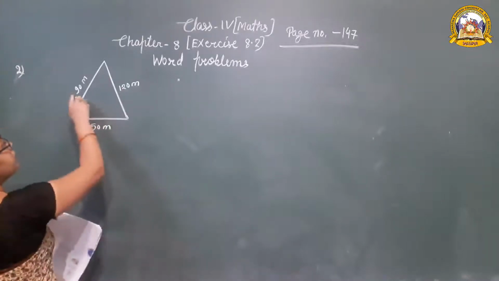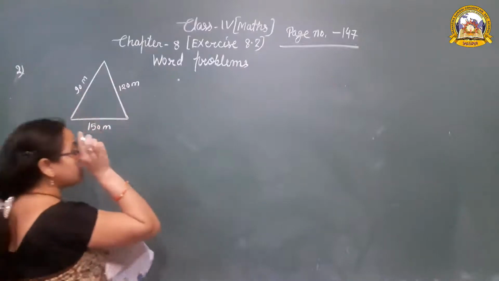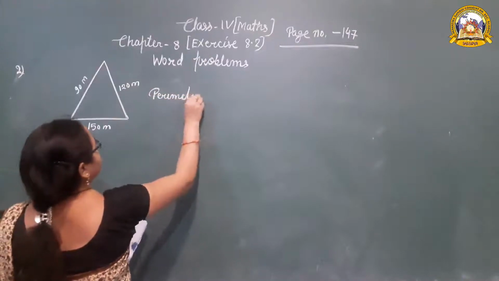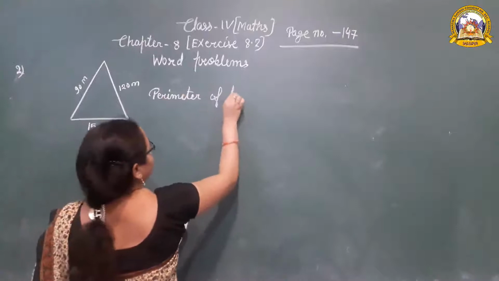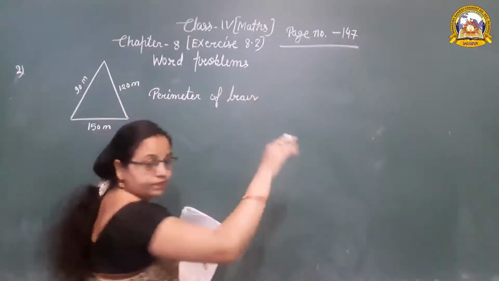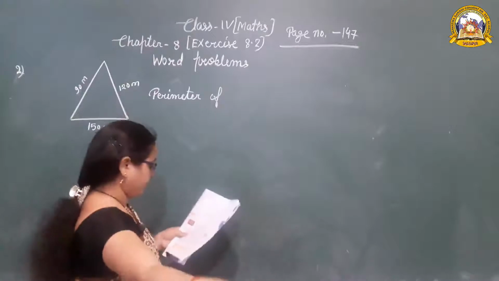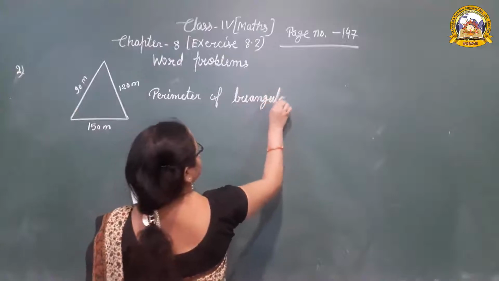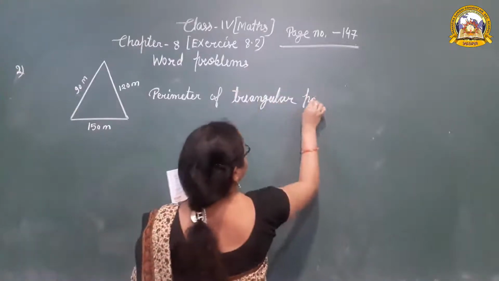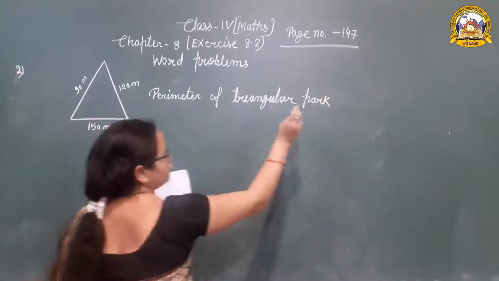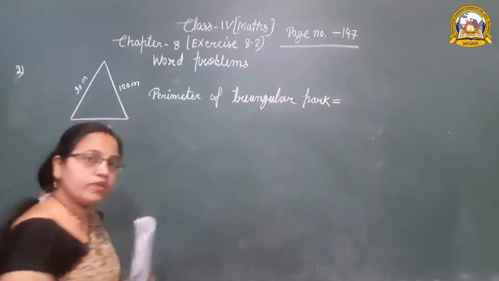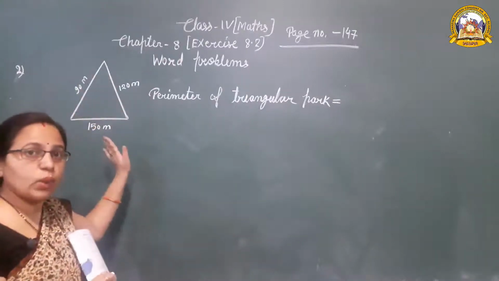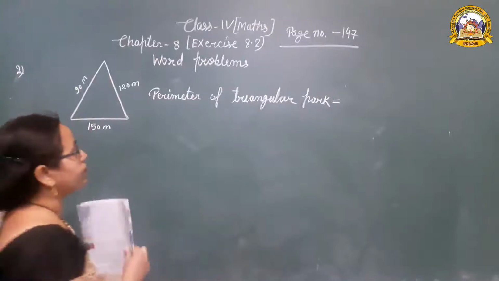Okay, so the 3 sides of the triangular park are given. So first we find the perimeter. Perimeter of the triangular park is equal to, how can we find the perimeter of this shape? By adding the sum of all the sides of the boundary of the figure.